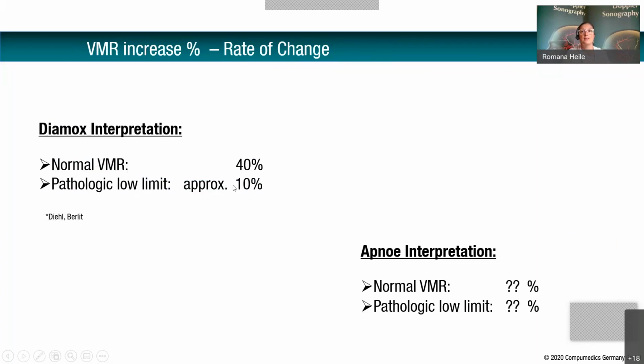As for the apnea interpretation, I was searching a lot in the literature. I could not really find references for these values. So if people want to do the apnea test using this test, they should create their own lab norm values.